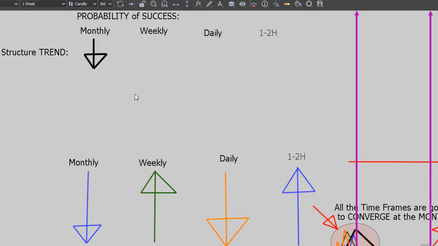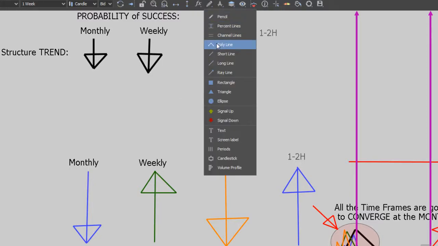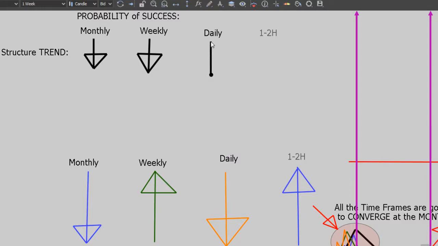The monthly is in an up retracement, so it's down. The weekly, right, is also down. It's just an example. The daily is in a structural uptrend, and the 1-2 hours are in a structural uptrend also.